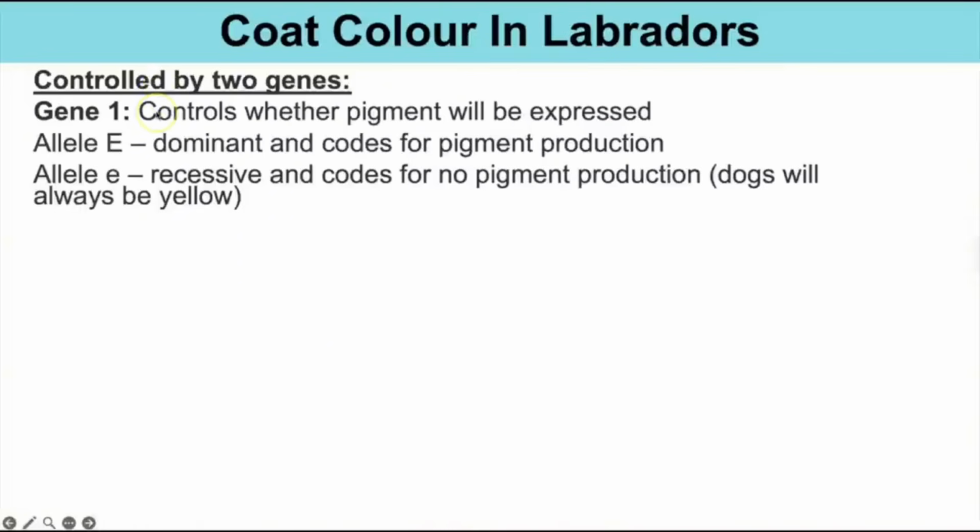The first gene controls whether pigment is going to be produced. And if you have the dominant version of that gene, so dominant allele, then that codes for pigment to be made. The recessive version codes for no pigment. So if a dog is homozygous recessive for this gene, they will not produce any pigment, and that's how you get the yellow dog colour.